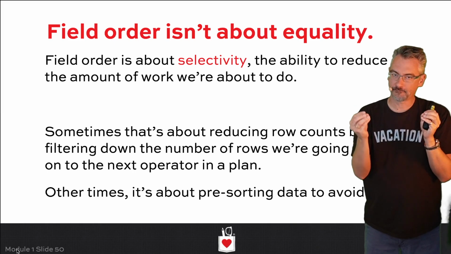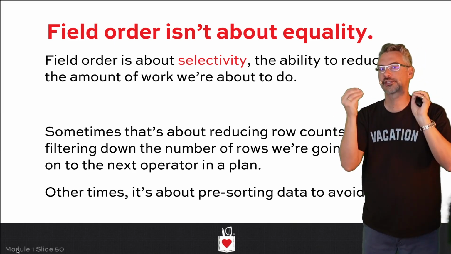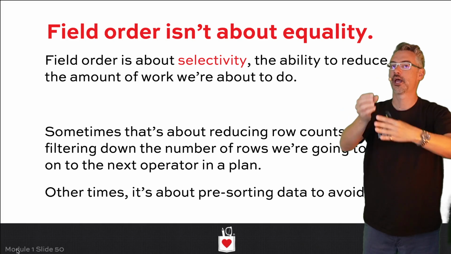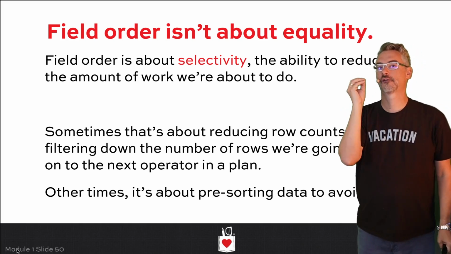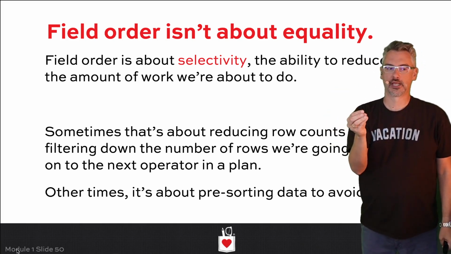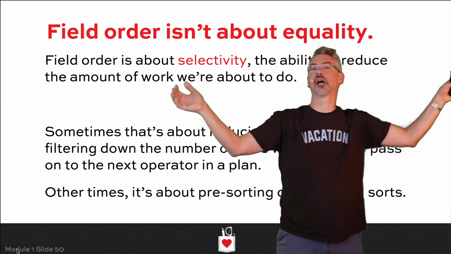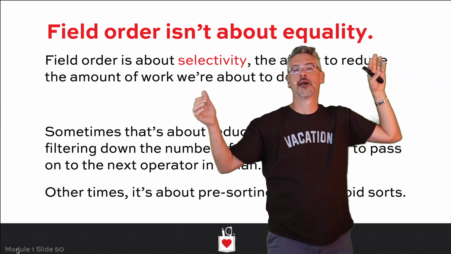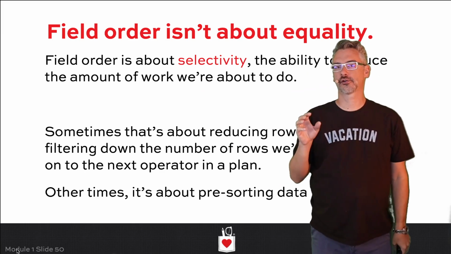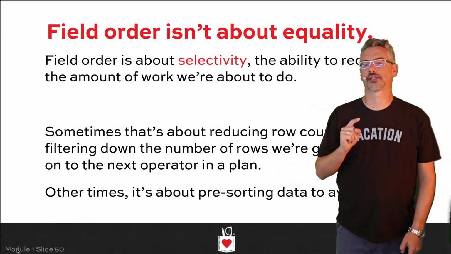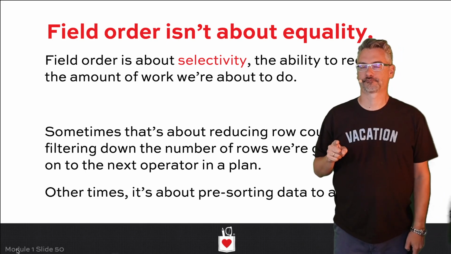If I'm looking, in this case, for equals Alex, and there aren't many Alexes, then I want to put that first. If, on the other hand, there are a ton of Alexes, and my other filter is very selective, then that's the one that I want to put first.